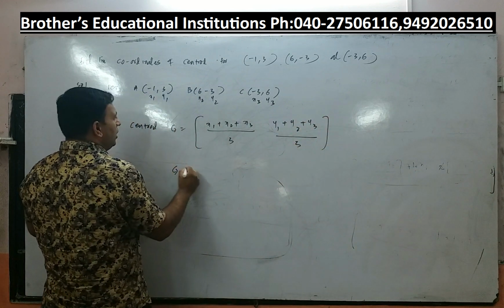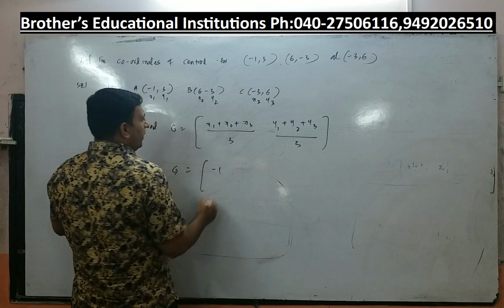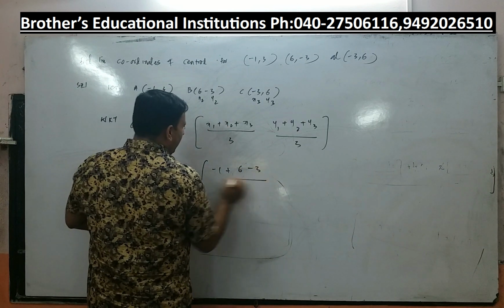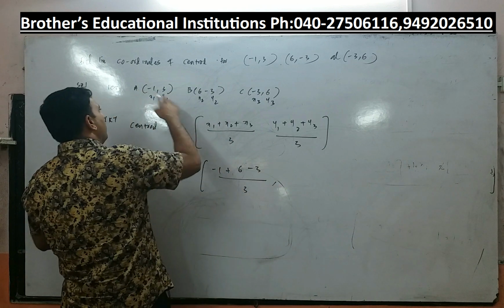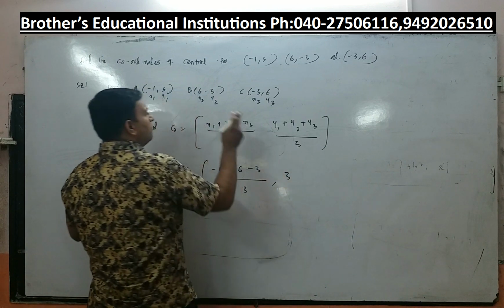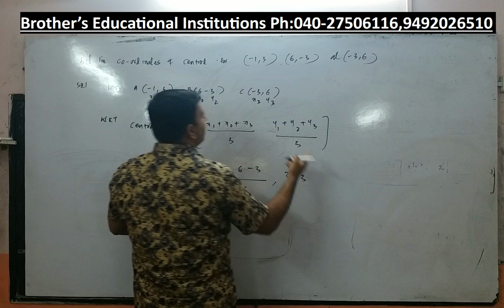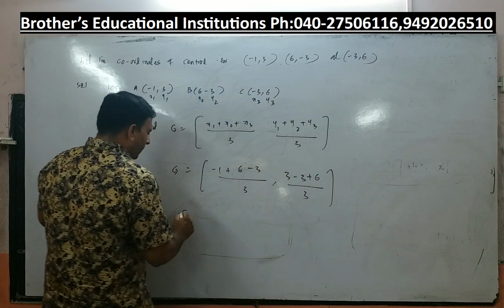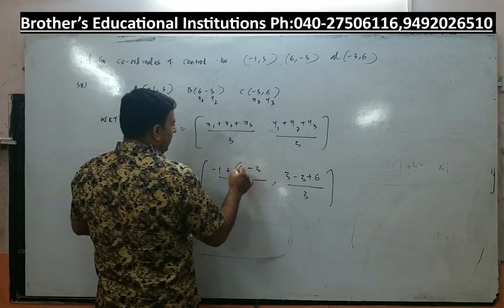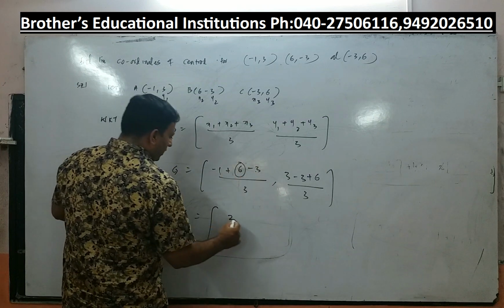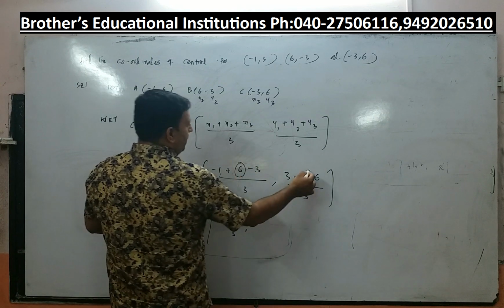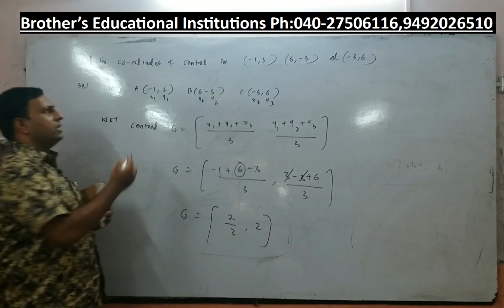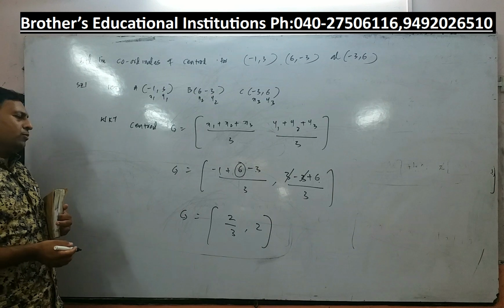So G is equal to, what is x1? -1 plus what is x2? 6 plus what is x3? -3 by 3, comma, what is y1? 3 plus what is y2? -3 plus what is y3? 6 by 3. So G is equal to 6 minus 4 is 2 by 3, comma, 3 minus 3 cancel, 6 by 3 is equal to 2. So therefore, the centroid of the triangle is (2/3, 2).